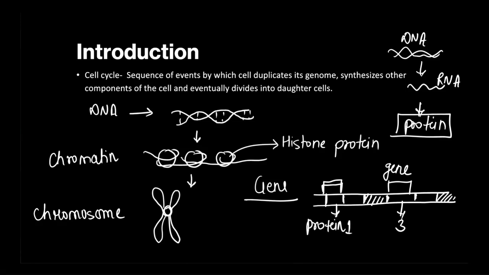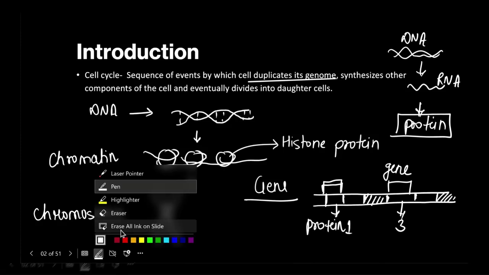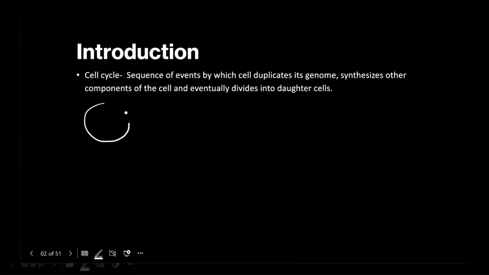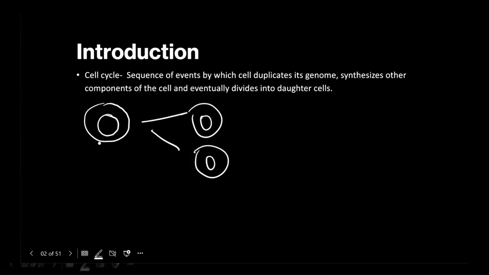So the first point is clear: when we say that a cell is duplicating its genome, it means that its genetic material is going to duplicate. Now, why is it duplicating its genome? Let us understand that also. When a cell is dividing, it is forming, suppose, two cells. This cell needs to give its genetic material equally to this cell and this cell.